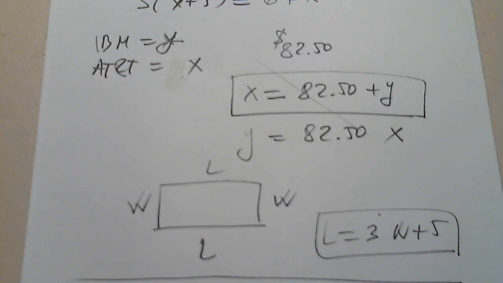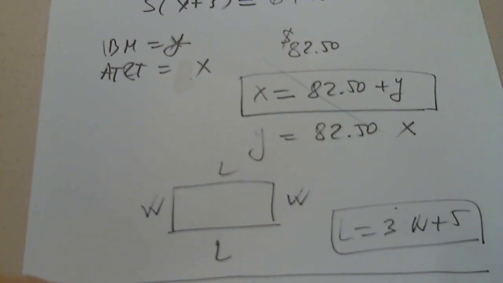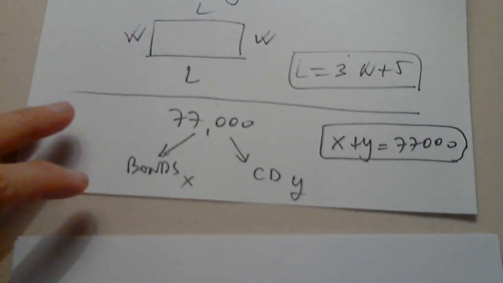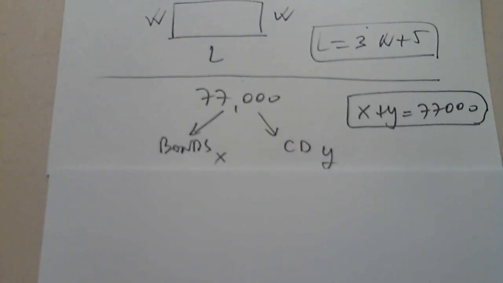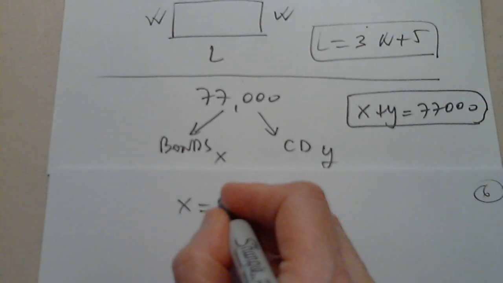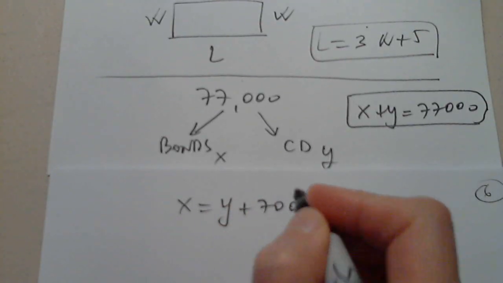So the amount x exceeds the amount y by 7,000. X exceeds y by 7,000. How do I write that? X equals y plus 7,000. Yes, absolutely. X equals y plus 7,000.